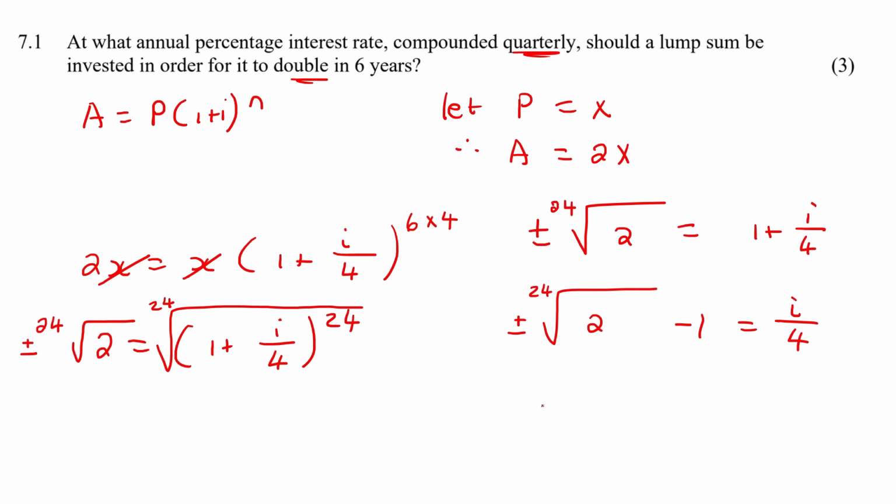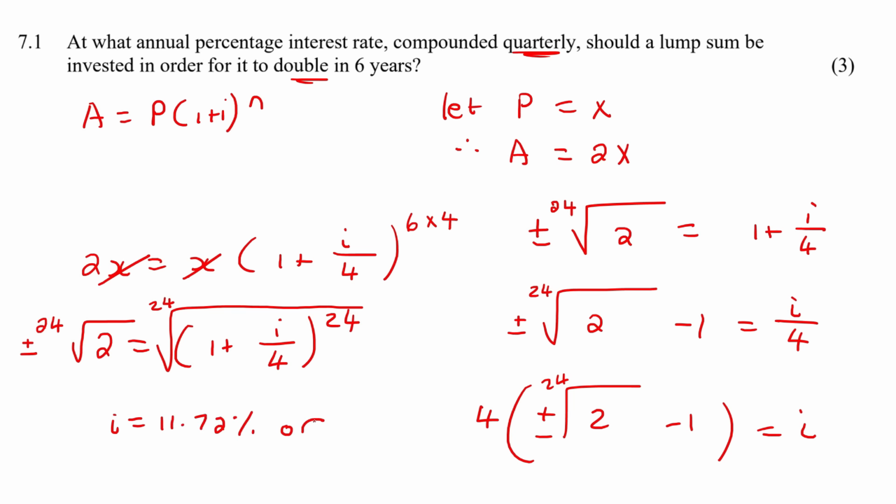So we end up with 4 multiplied by plus minus the 24th root of 2 minus 1, and that'll give you i. I'm going to use the plus now, and always remember to multiply your answer by 100 because it's a percentage. So i would be 11.72%.